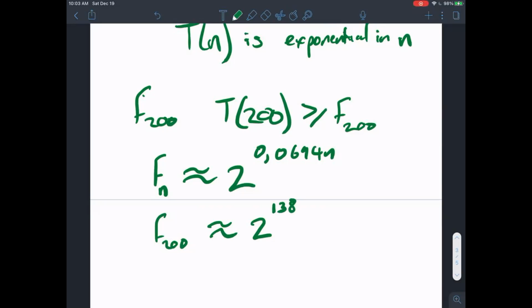So when we say this number of steps is greater than F of 200.